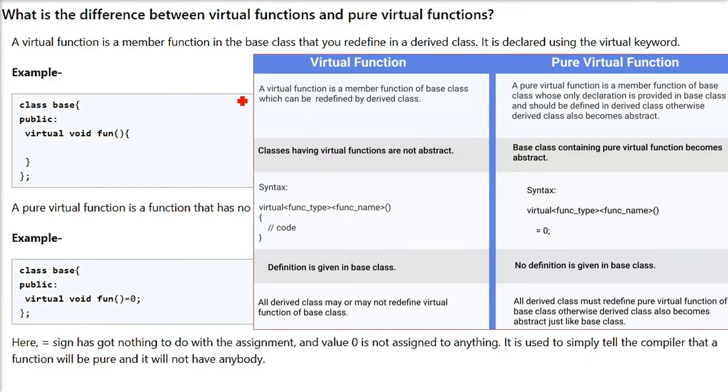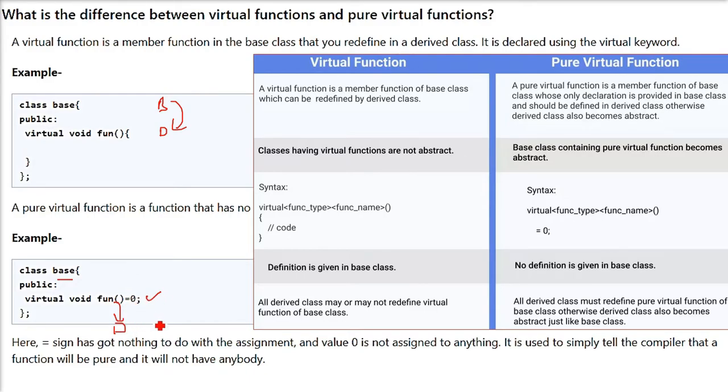So let us see them one by one. A virtual function, as I said, is a member function of the base class, and this can be redefined whenever you are inheriting it in a derived class. And a pure virtual function is a member function of the base class which has only a declaration in the base class, and you need to define it by yourself in the derived class. Otherwise, your derived class will also become abstract. If you don't write the code of this function, your derived class will also become abstract.